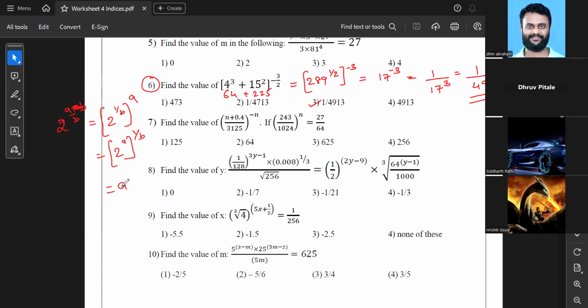Basically it is 2 raised to A multiplied by 1 by B. You can write it any way. In my situation, I cut B.